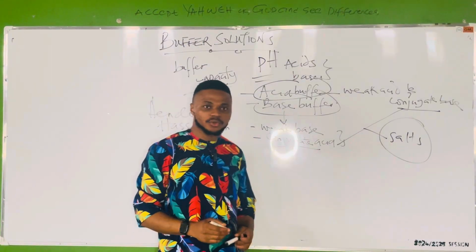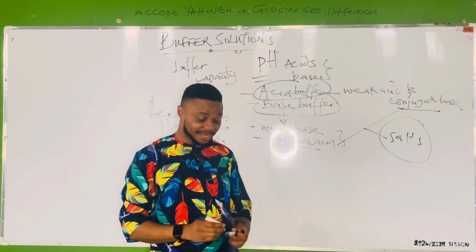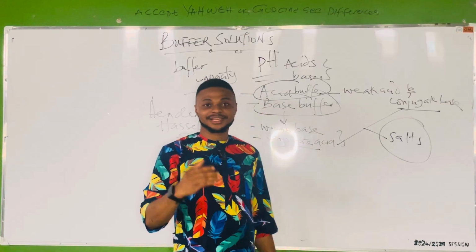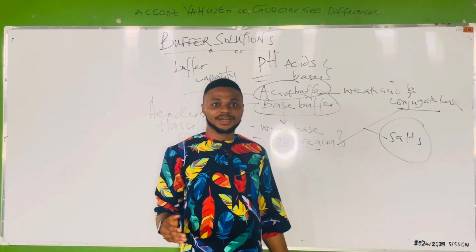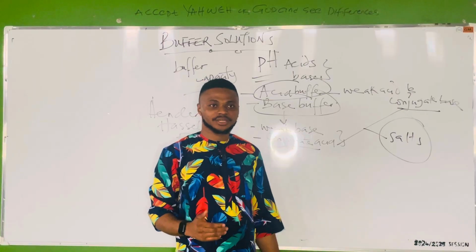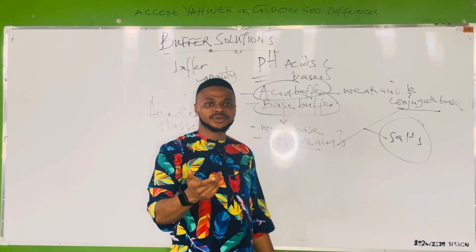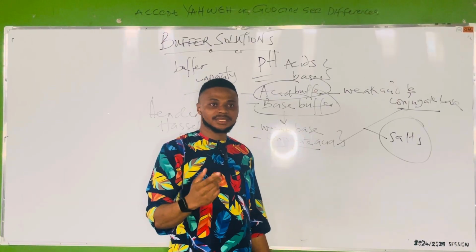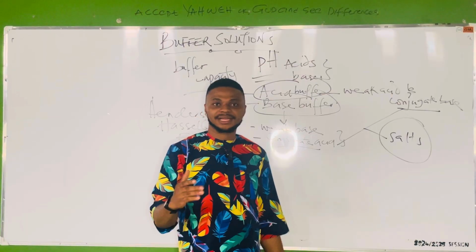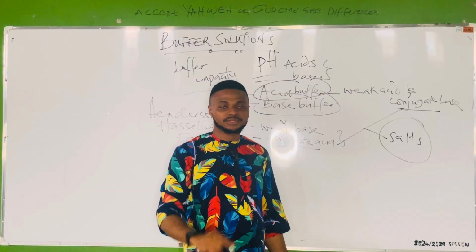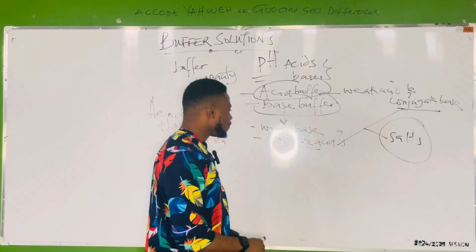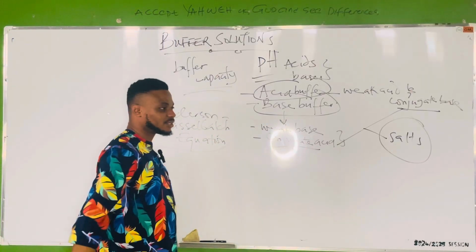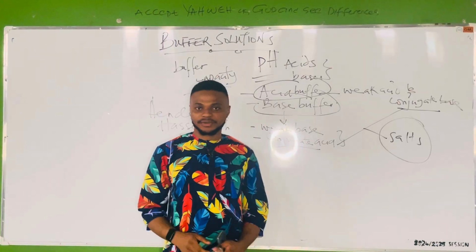Remember the theories of acids and bases. We have the Arrhenius theory, we have the Brønsted-Lowry theory, and of course we have the Lewis theory. So the Brønsted-Lowry theory is what led to the Henderson-Hasselbalch equation. Very, very important to note. Okay, so now before we look at the Henderson-Hasselbalch equation, we'll look at examples of buffer solutions.